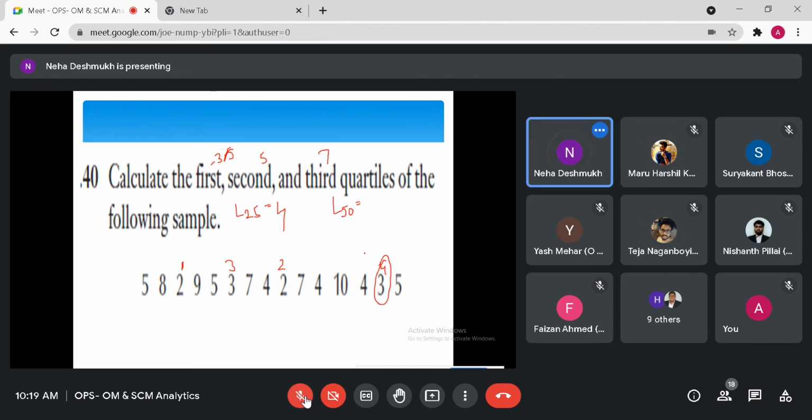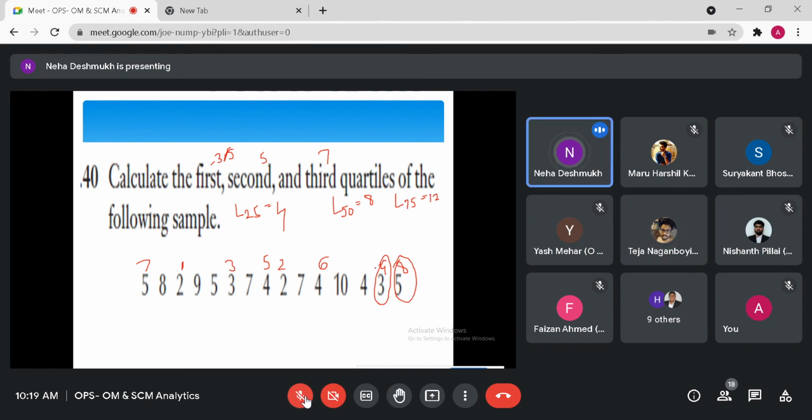So 8th position: 4th is this one, then 5th, 6th, 7th and 8th. Yes, it is 5. And for L75, what is the 12th position? 7. Answer is 7.